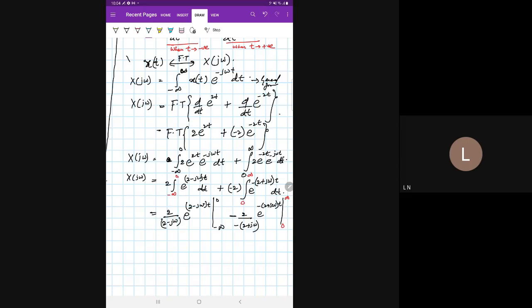Now see, we have a negative sign in the numerator and we have a negative sign in the denominator. They will be cancelled out, okay.